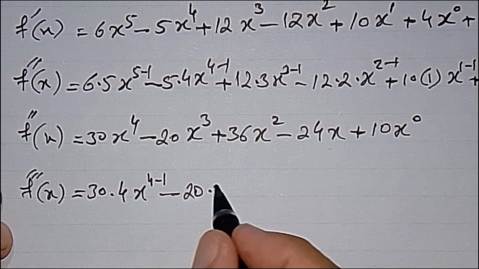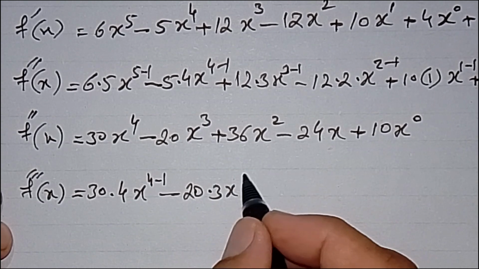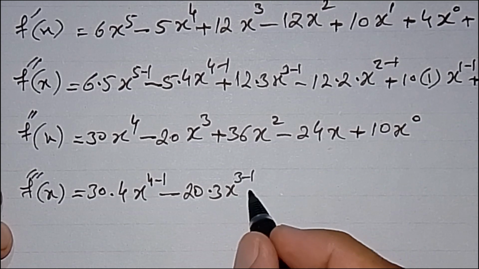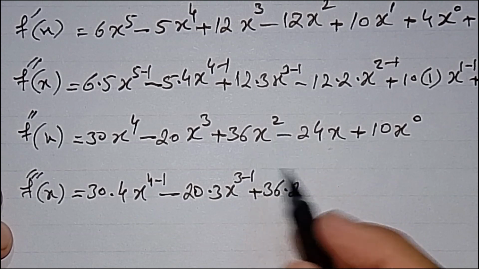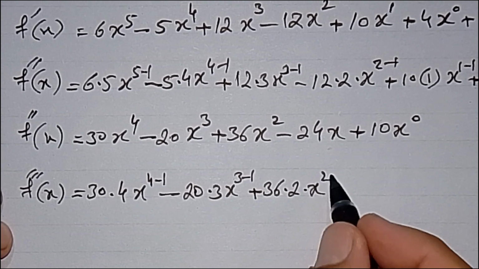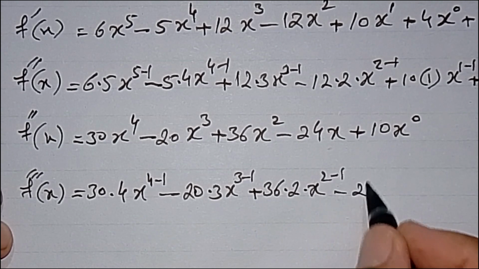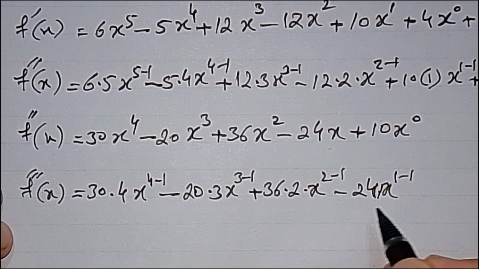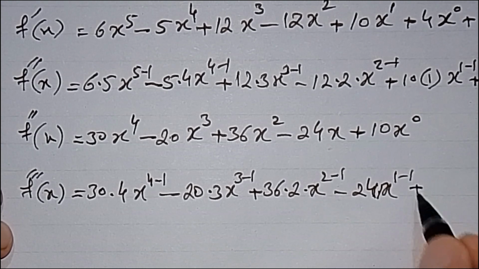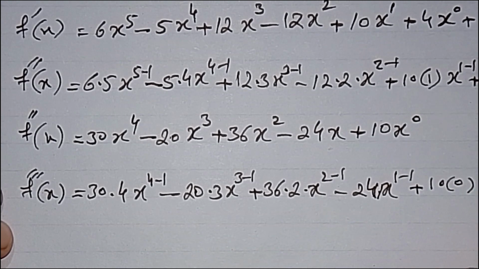into 3 x raised to the power 3 minus 1, plus 36 into 2 x raised to the power 2 minus 1, minus 24 x raised to the power 1 minus 1, plus 10 into 0 into x raised to the power 0 minus 1.